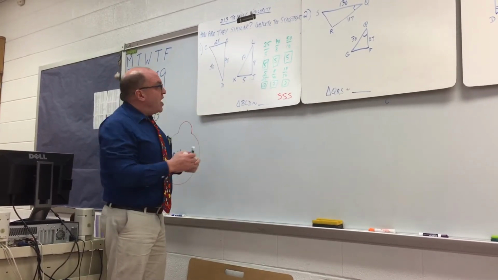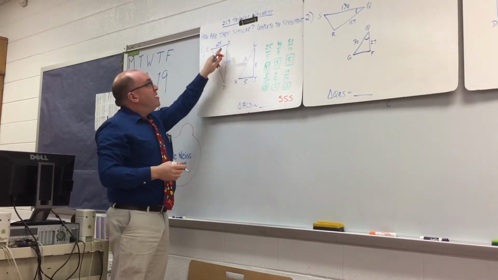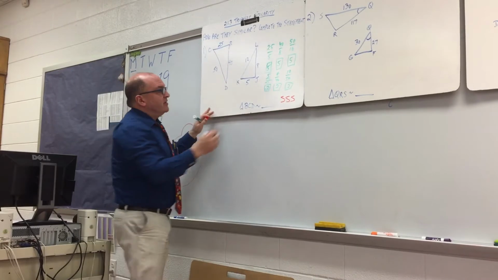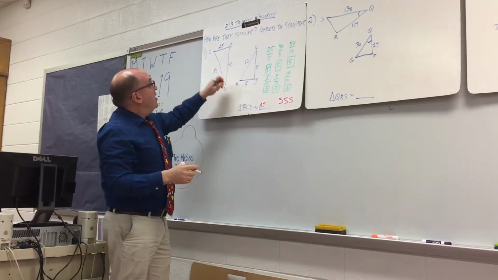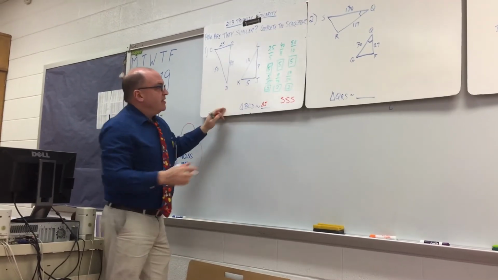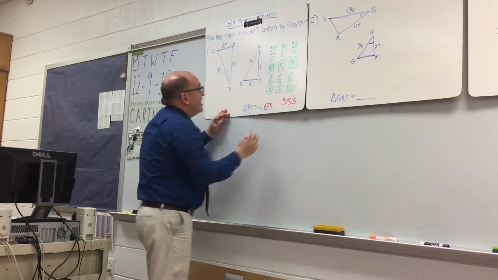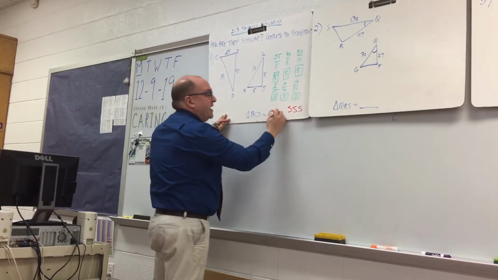BCD is similar to what? B matches up with what? B is like J, right? Triangle J. Okay. Now, what does C match up with? K. J, K, and then D matches up with L. And that's how you do the problem.